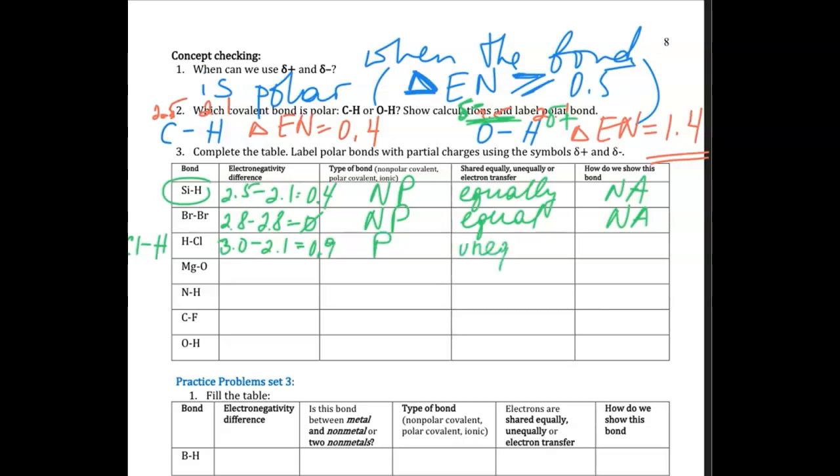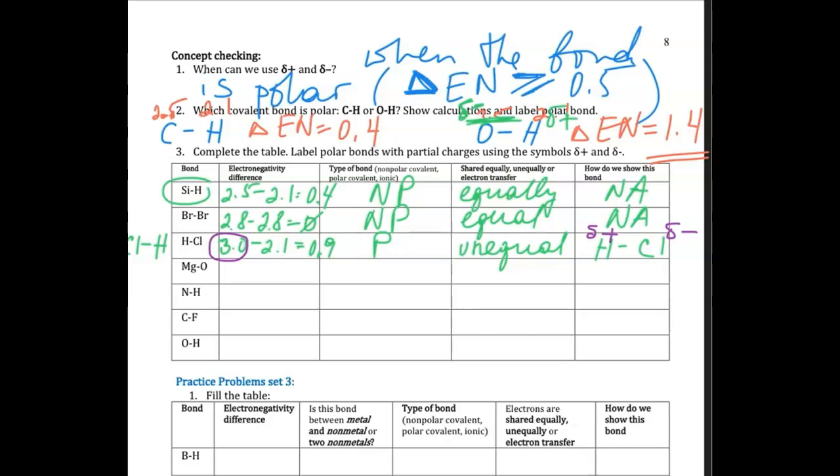This bond will be a polar bond, because the difference is greater than 0.4. If it's polar, the sharing is unequal, and we show this bond like this, H and chlorine, and we use partial charge symbols.